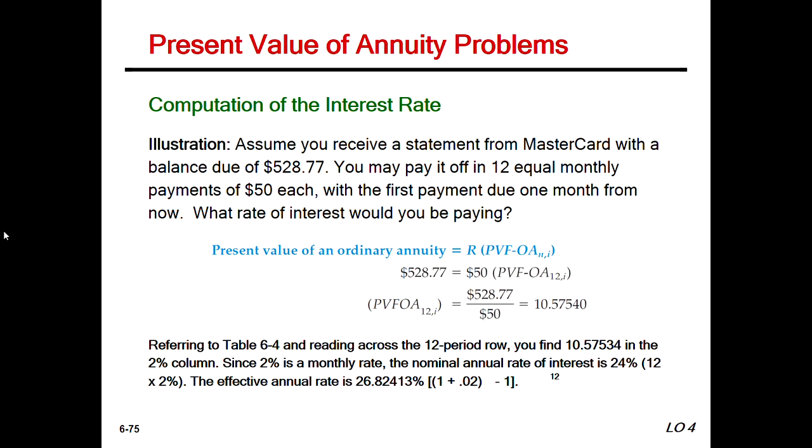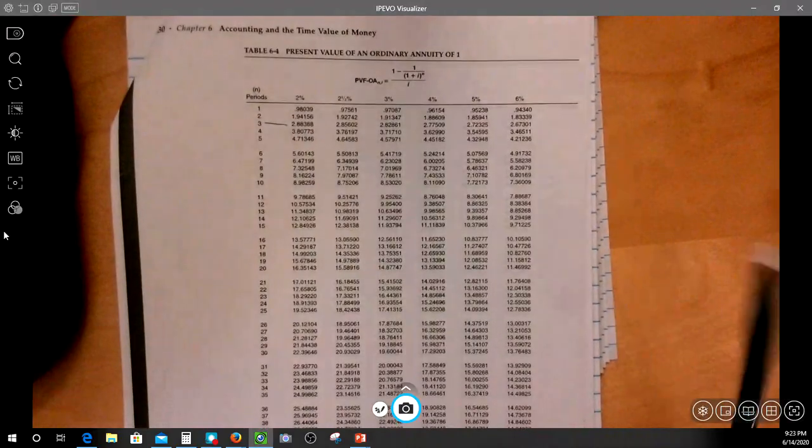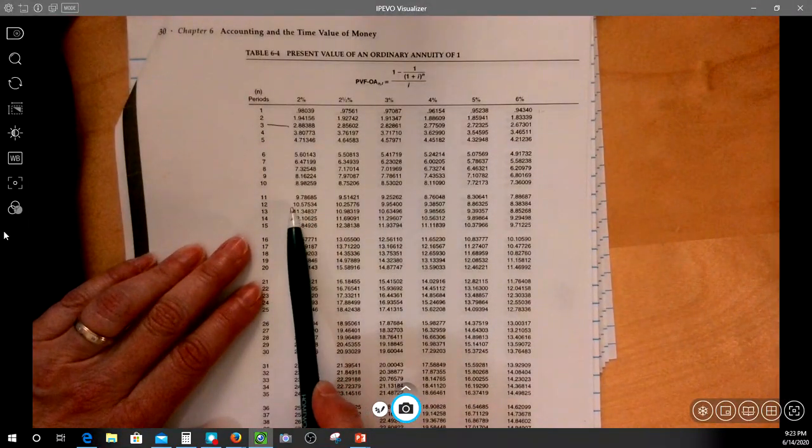If we refer to table 6-4, reading across the 12 period row, 10.575 is in the 2% column, and this is a monthly rate. Let's take a look at table 6-4 and find that 10.57534. With 12 periods, right here, the very first one.